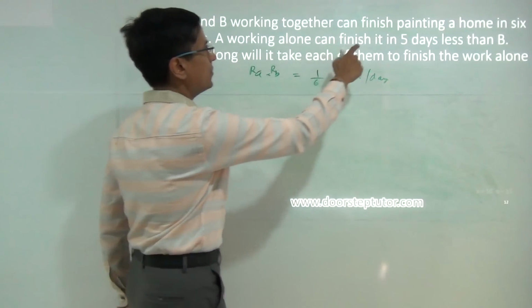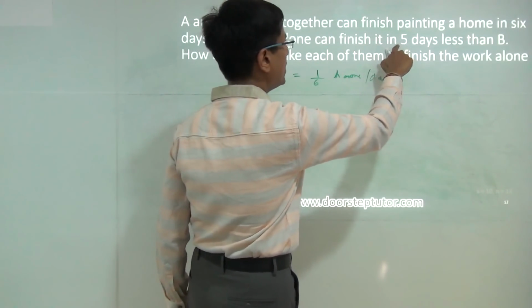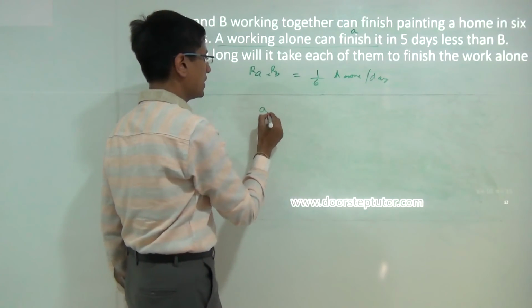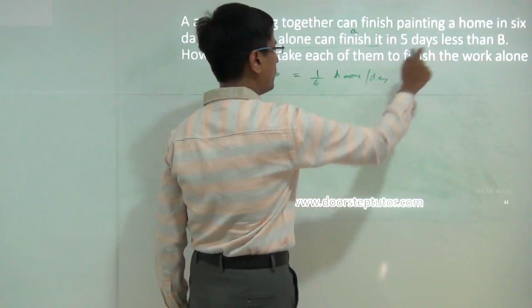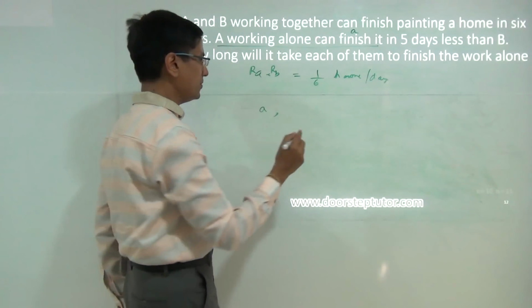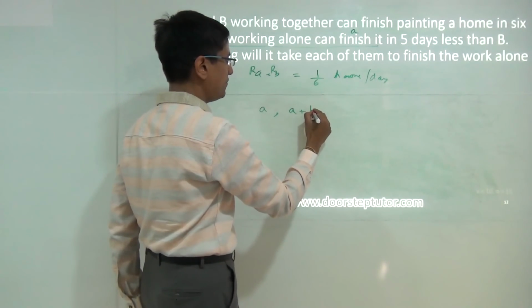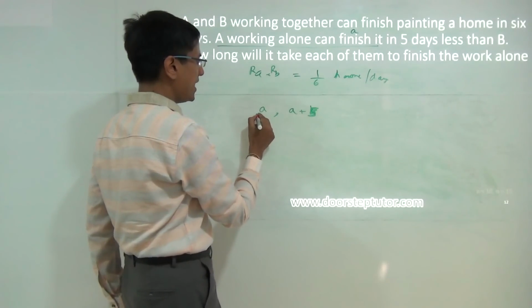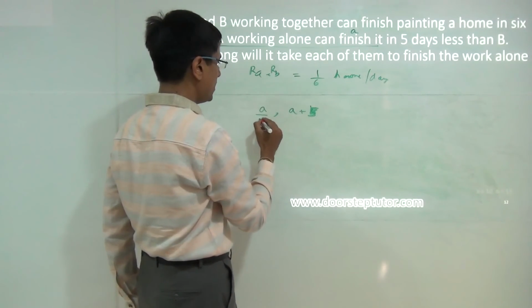Now let's assume that A working alone can finish this task in A number of days. So how long would it take for B to complete this task if he was working alone? A plus 5. So A would take A number of days.